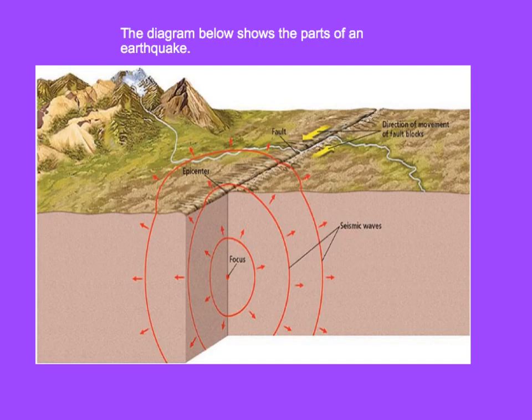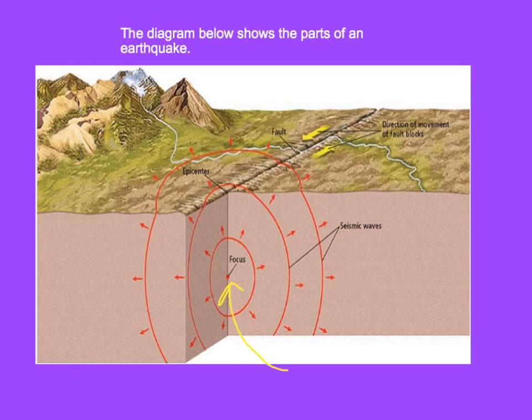Here's a diagram just showing you the different parts of an earthquake. Right along here, here's your fault. You can see the direction that the two plates, or in this case the fault blocks, are moving. Here under the earth, right along that fault line, it's a cross section, here is the focus.